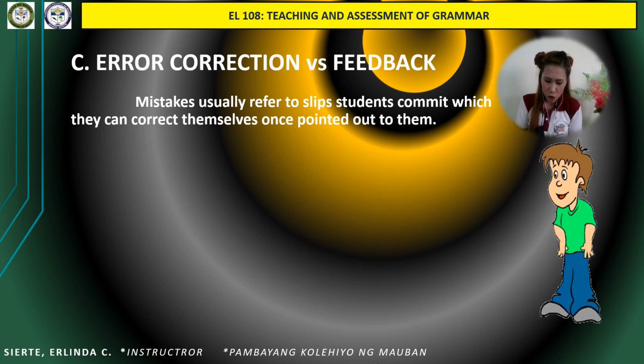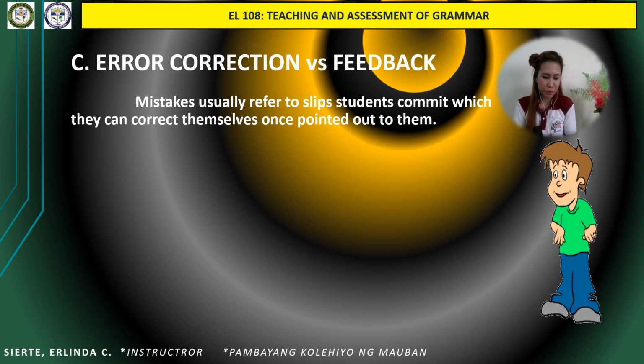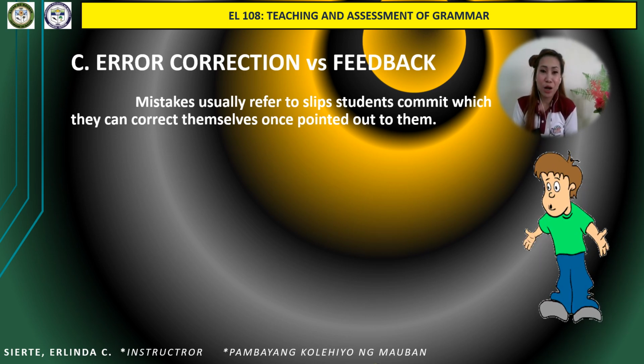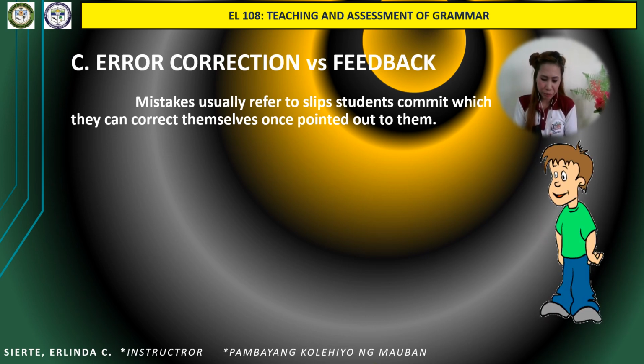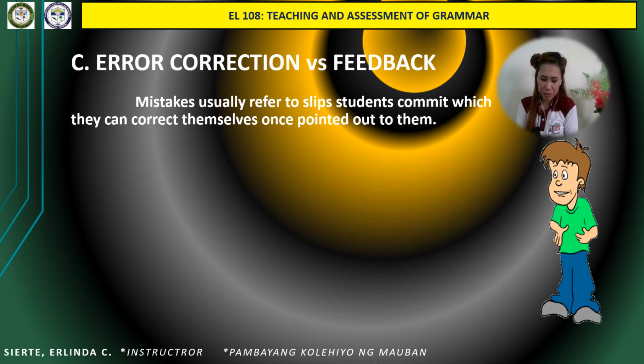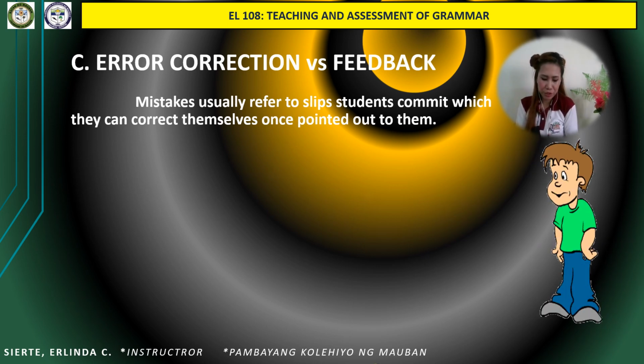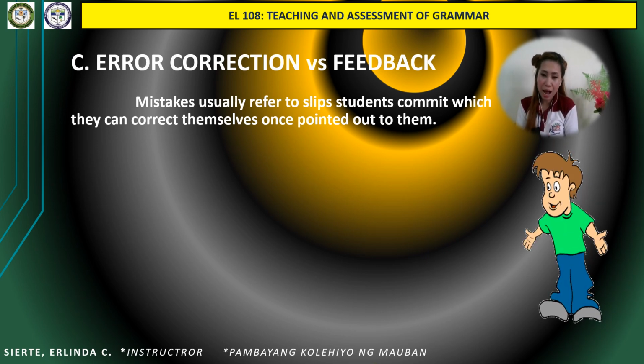Even that, okay, when it comes to errors, these are mistakes which students cannot correct themselves and therefore need an explanation. When teachers respond to errors, it should be viewed as teachers giving feedback, helping students to reshape their knowledge rather than telling them outrightly they are wrong.